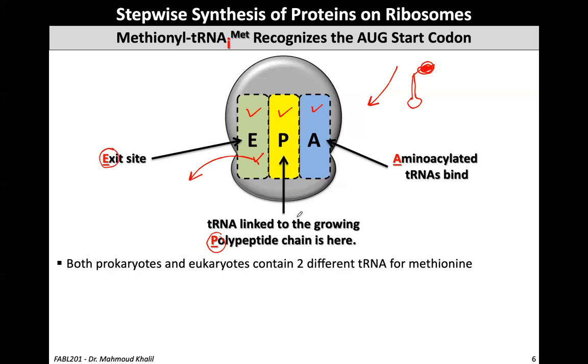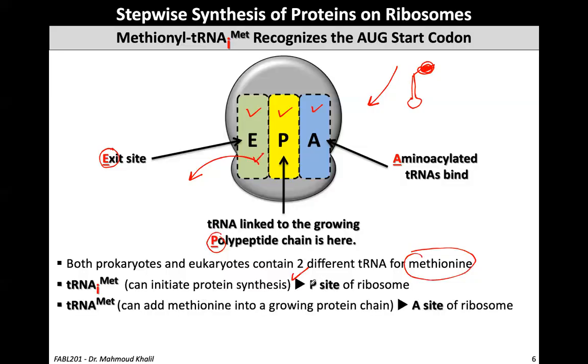You need to understand that both prokaryotes and eukaryotes, especially for methionine, have two different transfer RNAs. Why? Because normally all proteins start with an initiation codon, which is AUG.